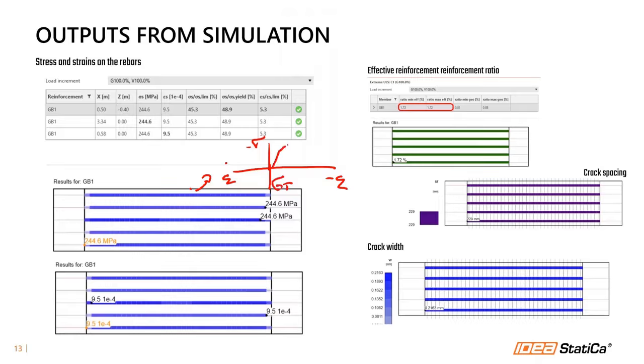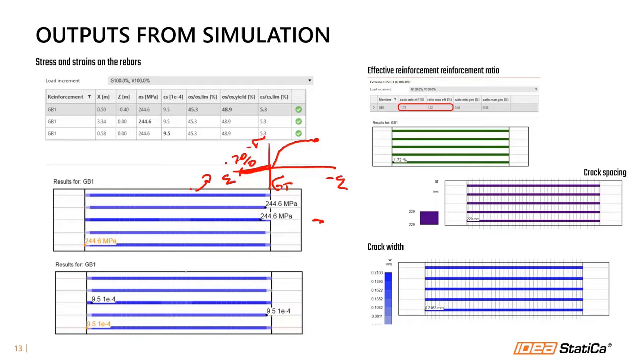So in compression it looks like that, and in tension it looks like that. There is plasticity stopping at 7%, but there is no tensile strength. So all forces should be transferred via these reinforcement rebars.